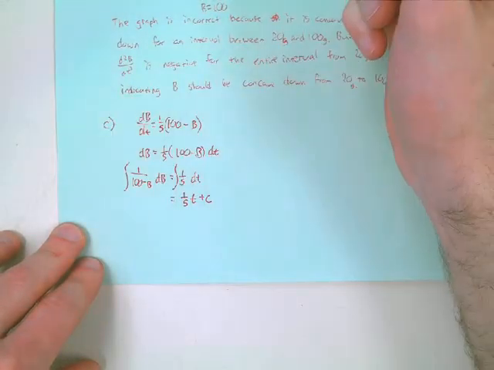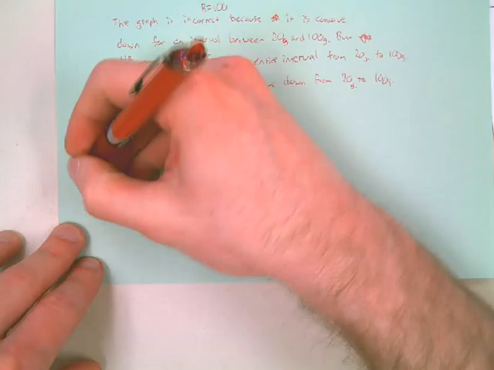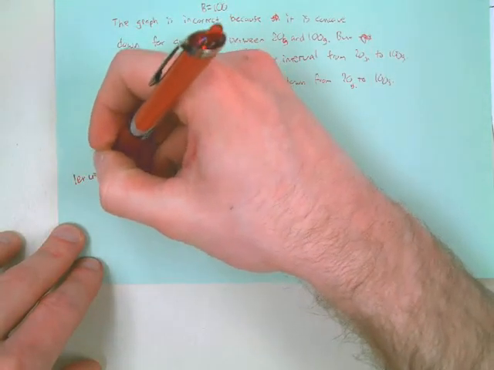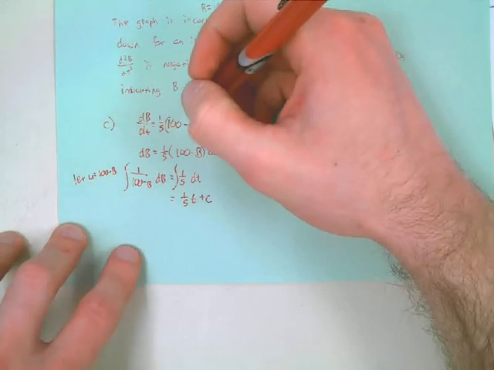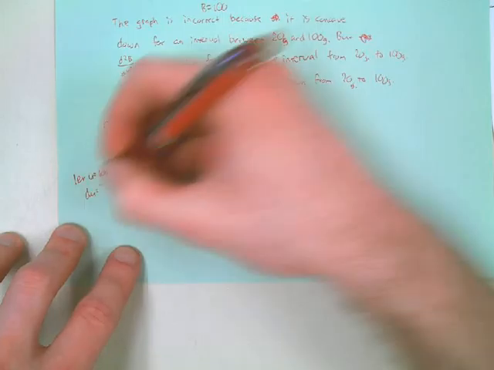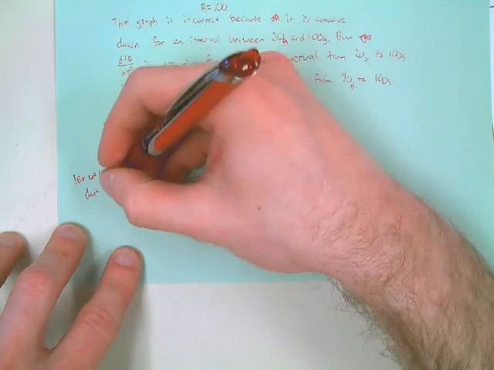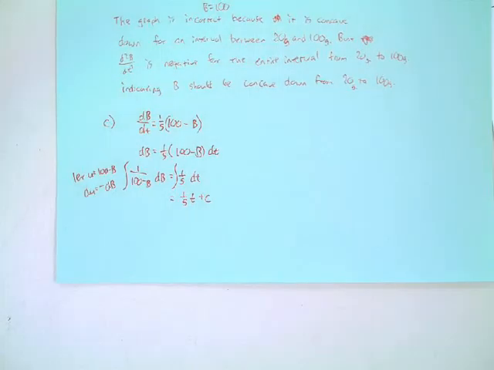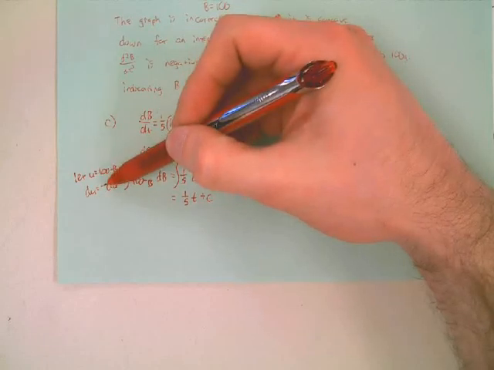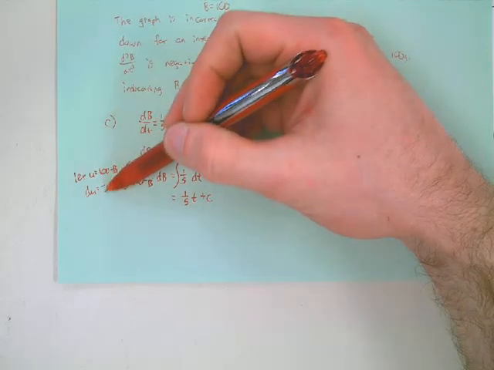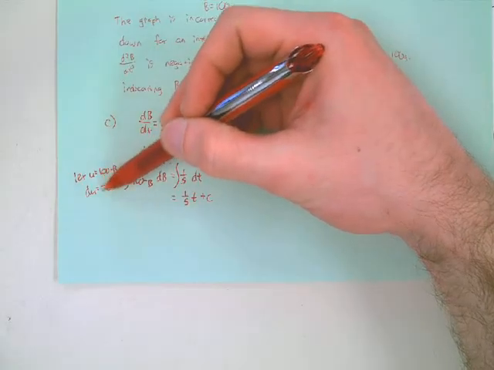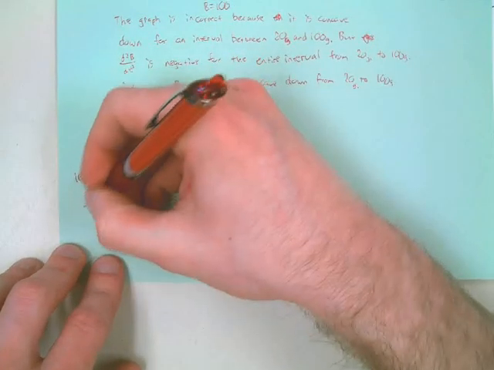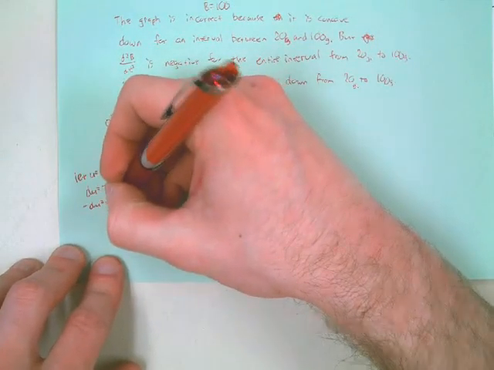Yeah. Use substitution. Let u equal 100 minus b. Okay, believe it or not, yes, we do need to do that. Because du is going to be negative db. You see that? If we had just done natural log, you might have missed that negative sign that we needed. So it's going to be negative du equals db. So I can rewrite this integral then as what?